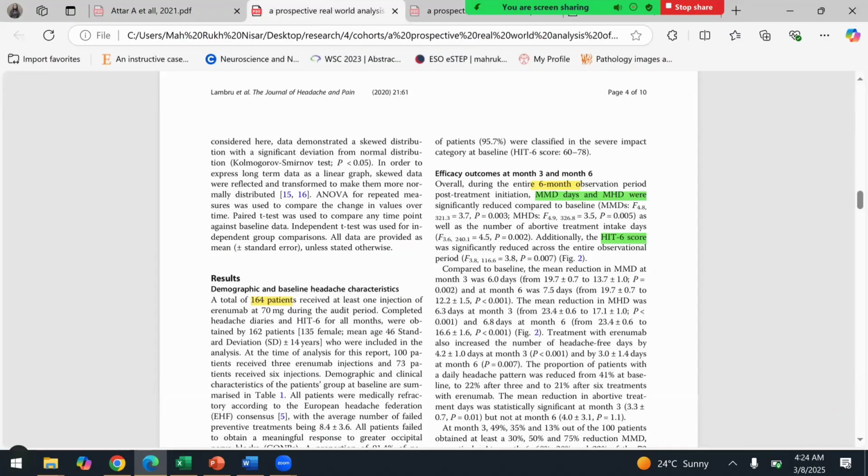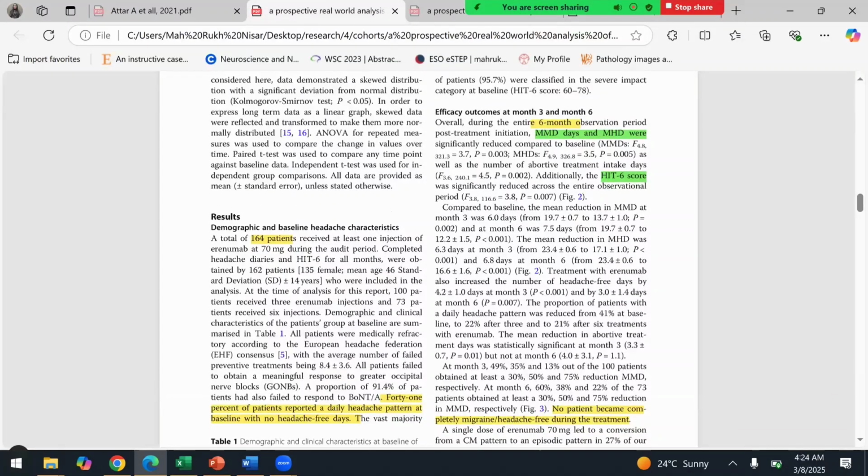if you open up this study, this is demographic and baseline headache characteristics. So number of patients 164. Intervention is Inumab. Dose is 70 milligram, and the outcome that is being studied is headache impact test 6 score, and 135 female.